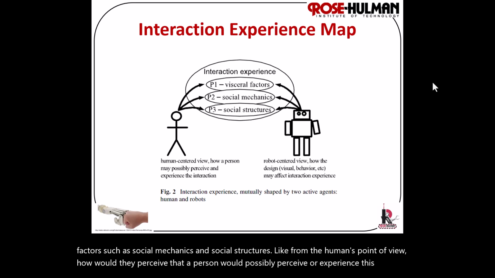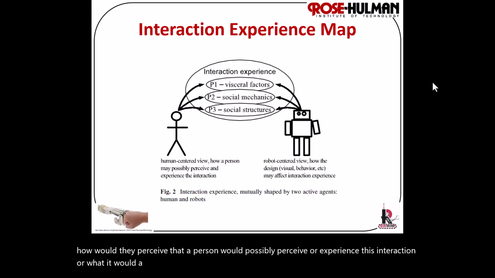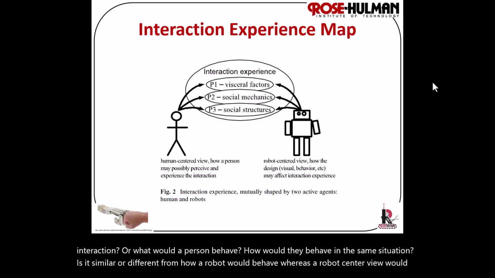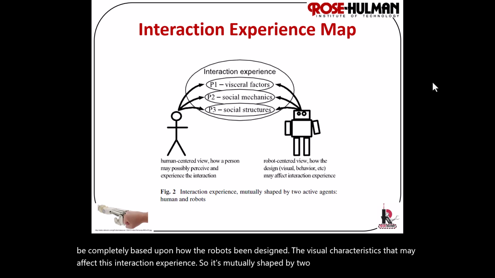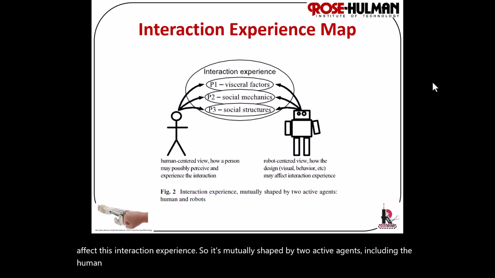How would they behave in the same situation? Is it similar or different from how a robot would behave? Whereas a robot-centered view would be based completely upon how the robot has been designed, and the visual characteristics that may affect this interaction experience. So it's mutually shaped by 2 active agents, the human and the robot, and by expectations of what they would expect to see, which may be different for the human versus the robot.